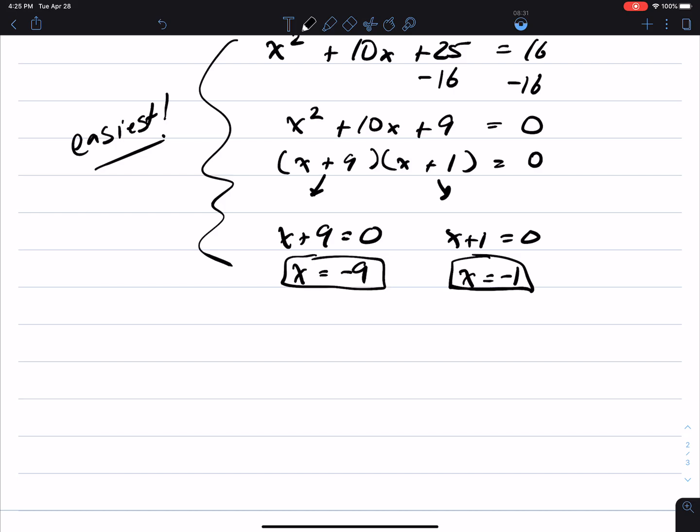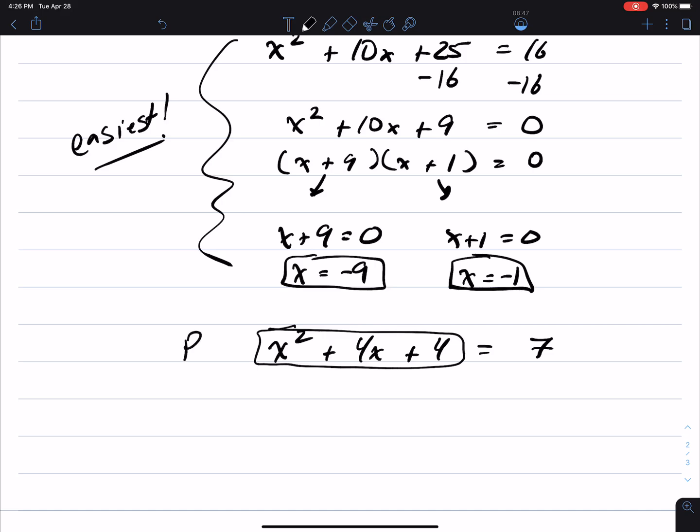Let's do another PST type of trinomial, x squared plus, let's say 4x plus 4 equals, and I'm going to say 7, okay, this time, all right? So again, hopefully you notice here that this expression, okay, is a PST, okay? I'm going to back that up, but hopefully you see that, okay? And how does that factor?